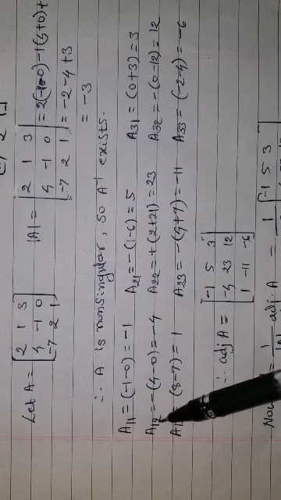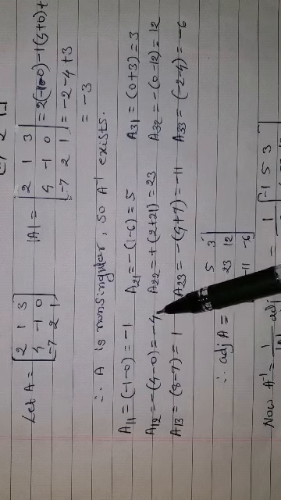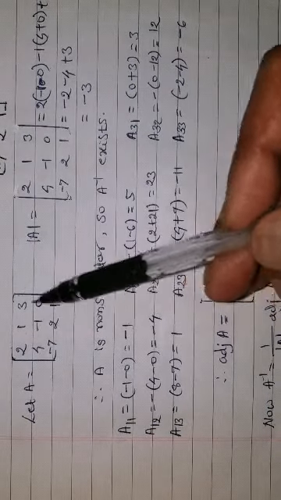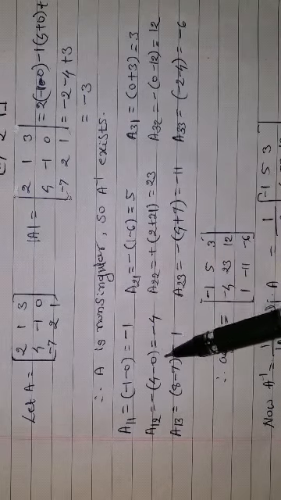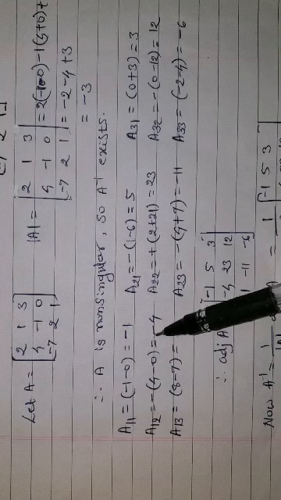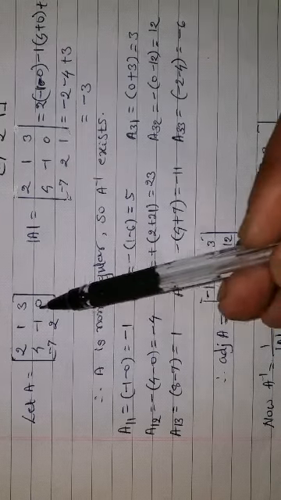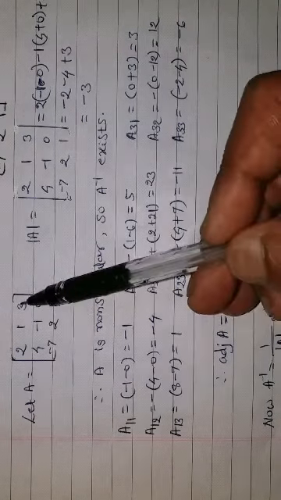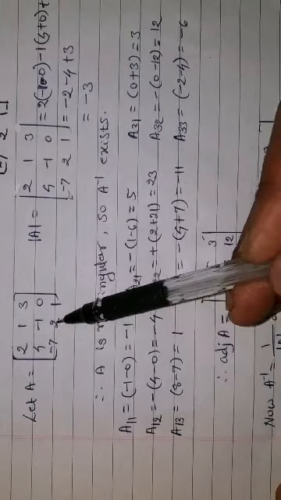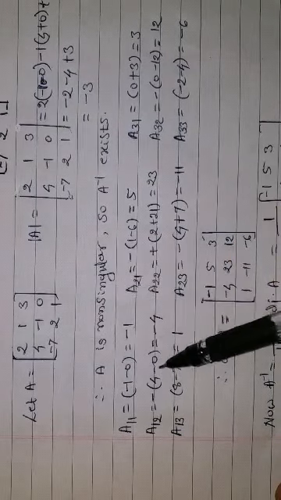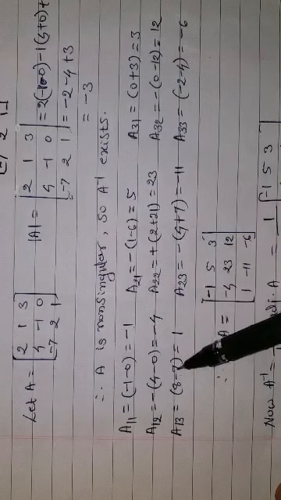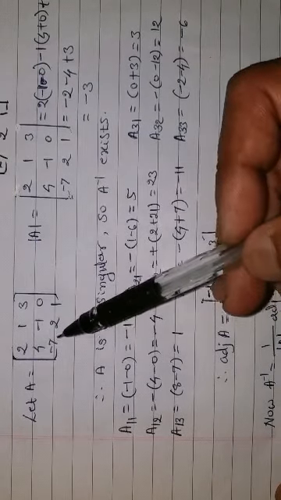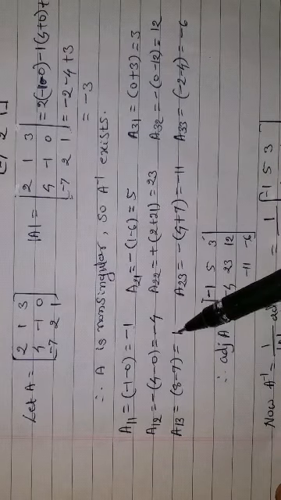Similarly, the cofactor A12 is minus 4: leave this row and column, 4 ones are 4, minus 0, and according to sign, minus 4. For the cofactor of A13, leave this row and column, 4 twos are 8, minus into minus plus 7, so 8 minus 7 is equal to 1.